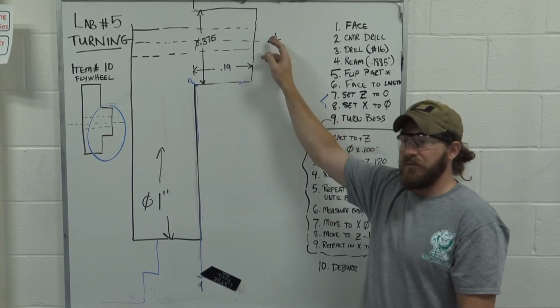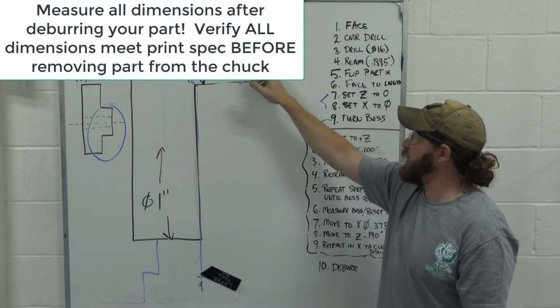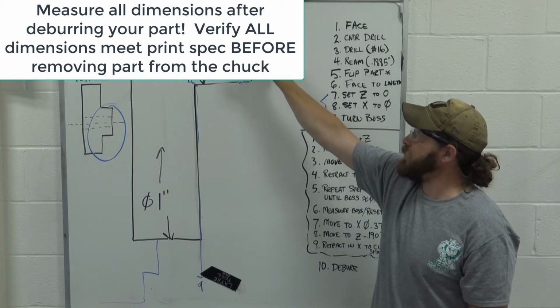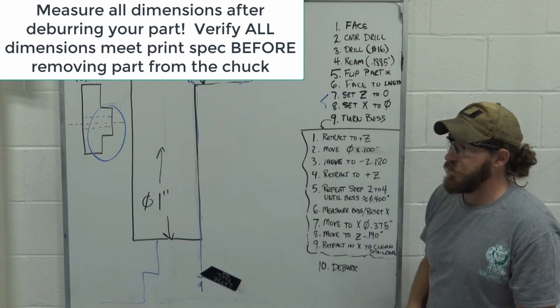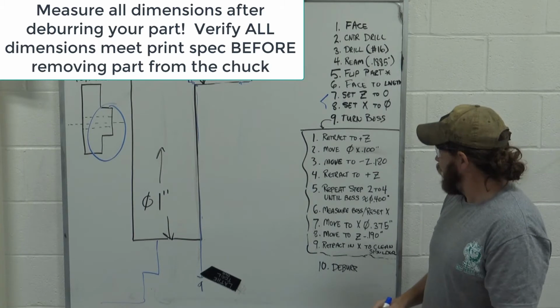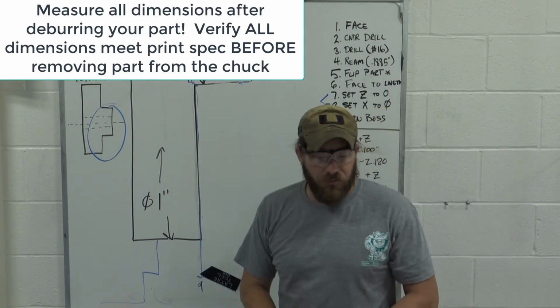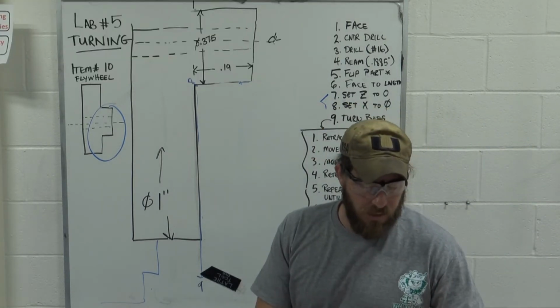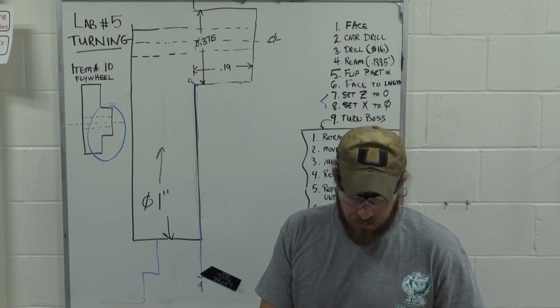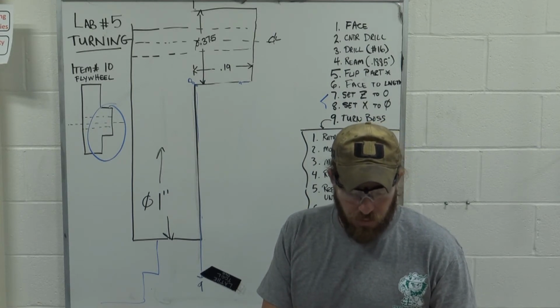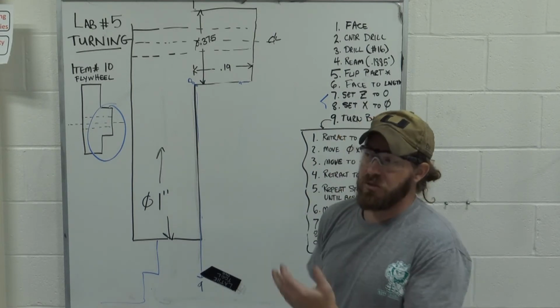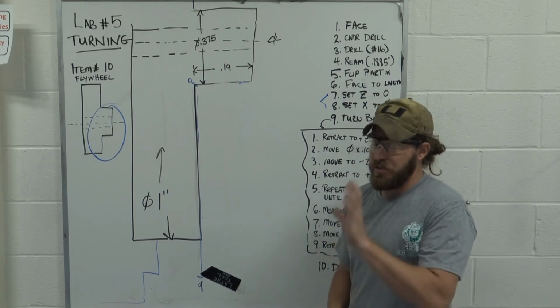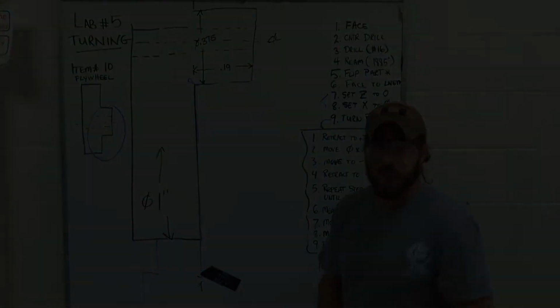You can take your chamfer mill and clean up those holes. All right. I believe that's all for turning in lab 5. I will show you how to thread and turn these parts at the lathe here in just a moment.